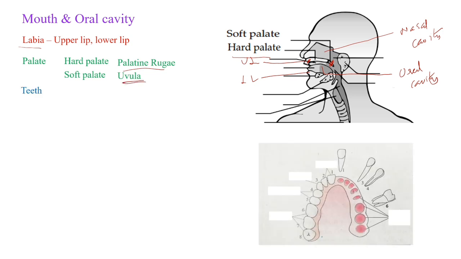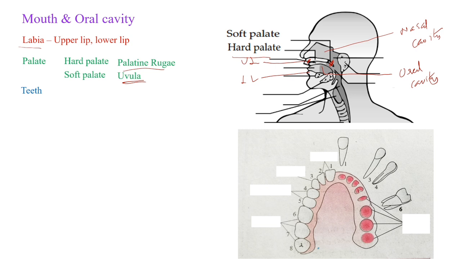Now the teeth. The picture shows the structure of teeth. The teeth are of ectomesodermal origin, and they are classified based on the types of teeth, sets of teeth, and arrangement of teeth.